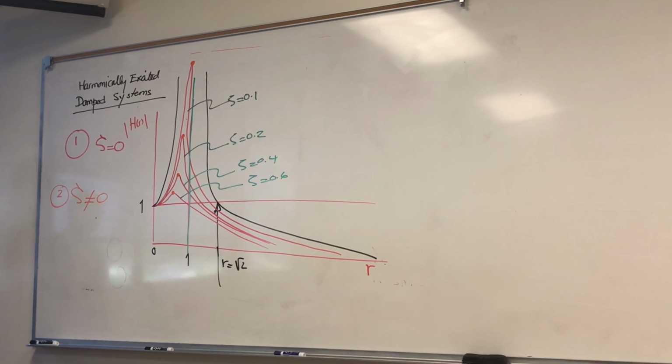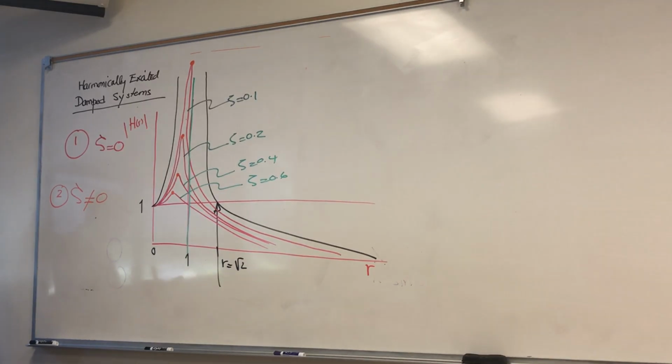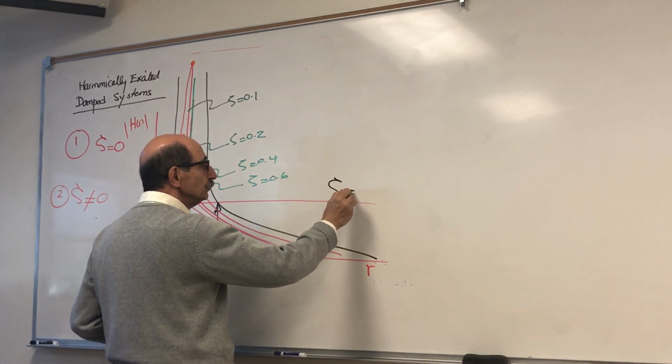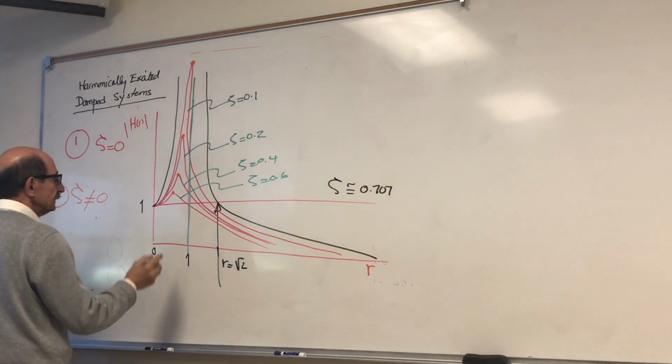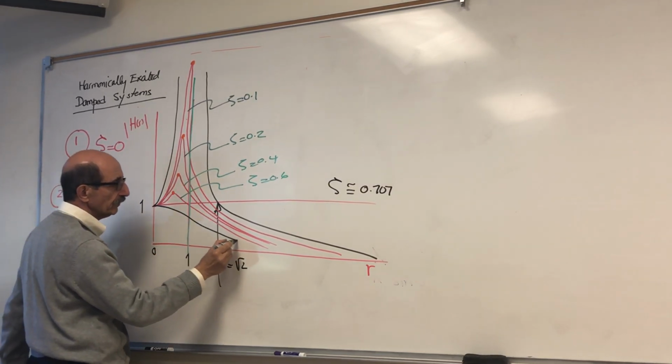Not only that, you also see that as you increase damping ratio, you get to a value where zeta is equal to roughly 0.707. That at that point, then the curve would actually fall below this line.